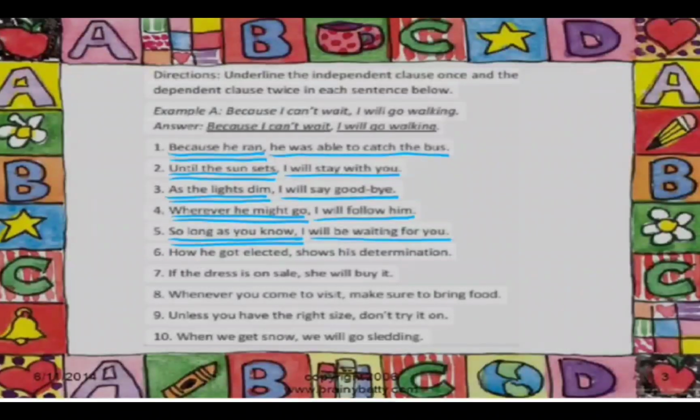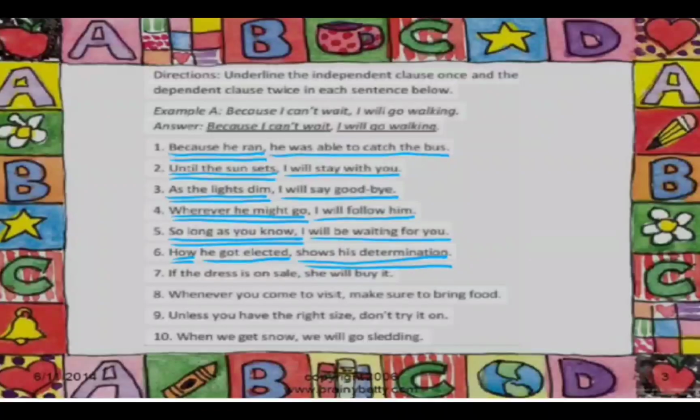How is a subordinating conjunction. Your main clause is he got selected, which gives you complete information. Here, how will also go in the subordinating clause. So he got selected is your main clause, and how he got selected is your dependent clause.